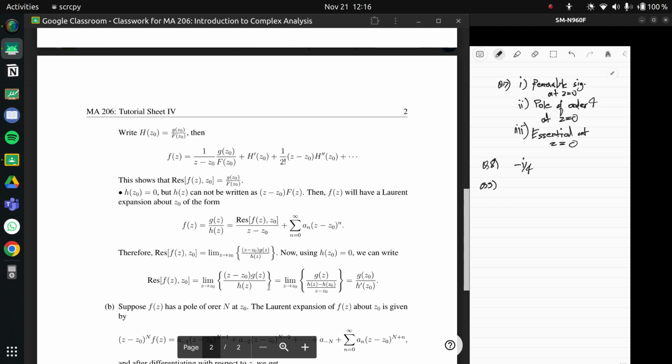What can happen? The only thing is f can be a constant function. That's pretty much it, right? The residue of f is z naught, and then what the hell?